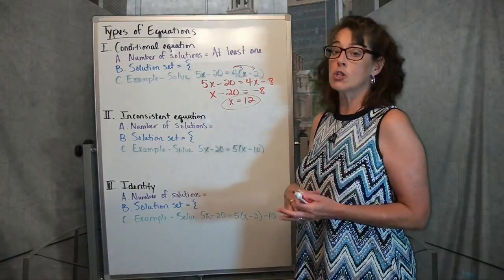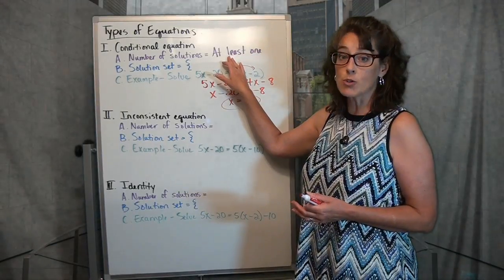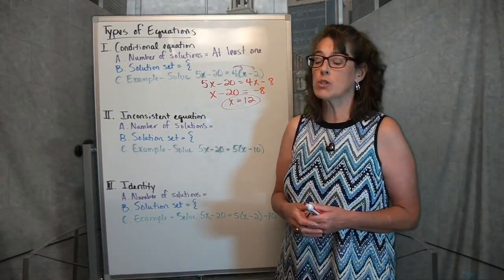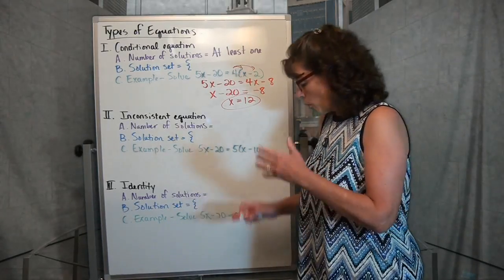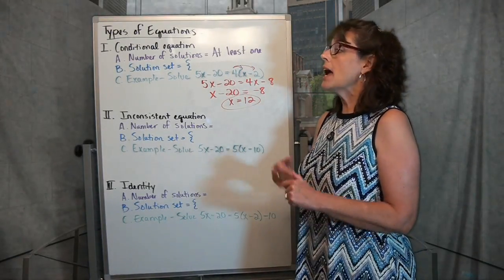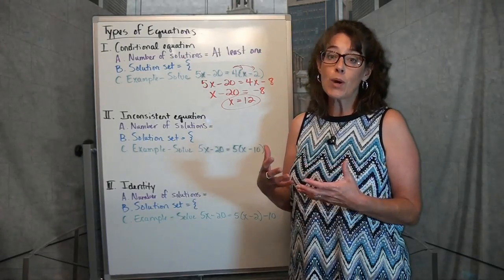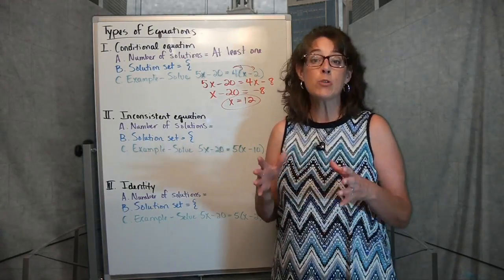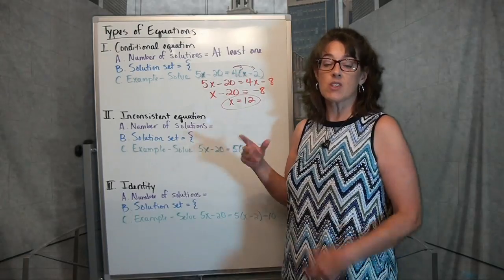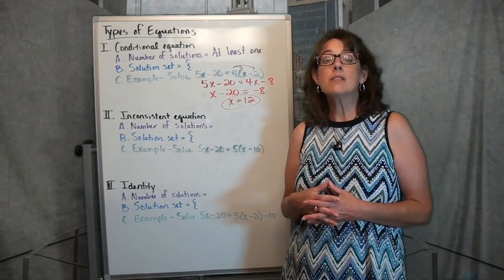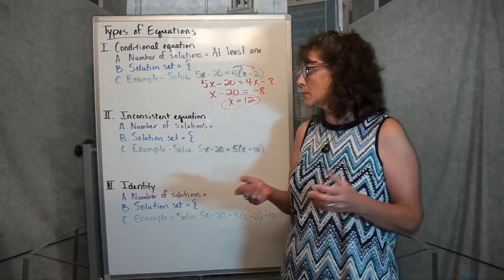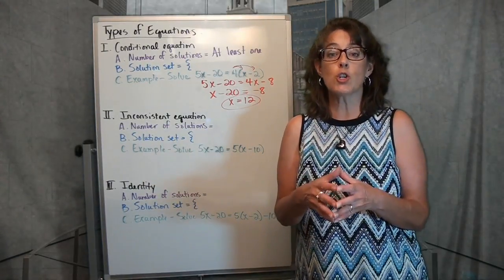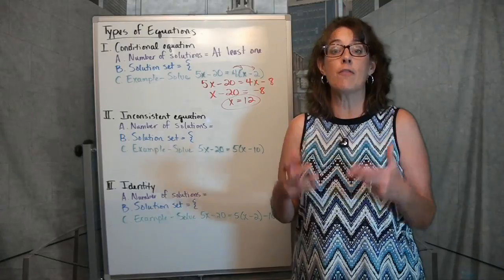And remember, we said a conditional equation is one that definitely has a solution. It actually might have more than one solution, but this is the case where it only has one solution. So we have a conditional equation here, and there are several ways to express that solution set. Now, most of us simply write x equals 12. But some teachers, some textbooks, some math programs want to really stress to you that you are generating a set of numbers.